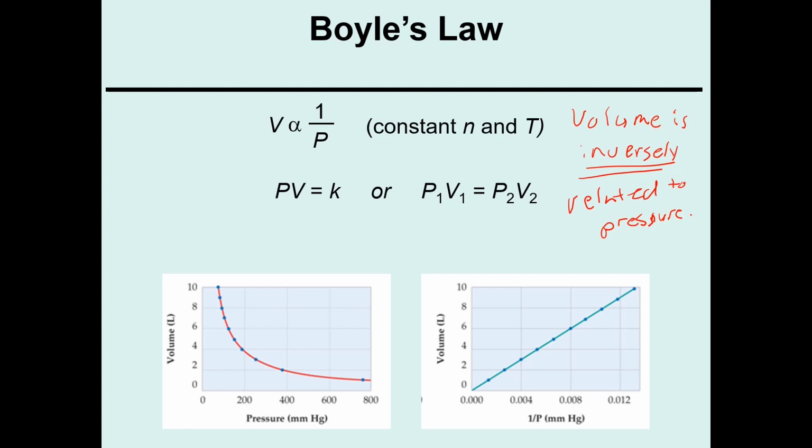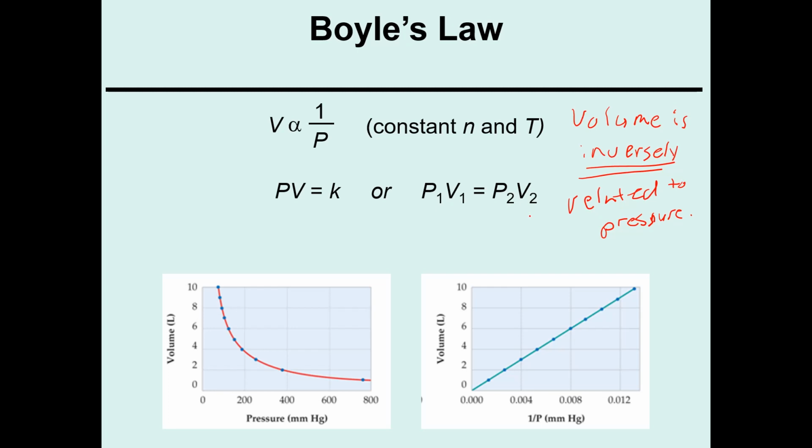If pressure goes up, that means volume goes down. So we can write this as pressure times volume is equal to a constant, or the form that's more useful to us is P1V1, which is our original pressure times our original volume, is equal to P2V2, so our new pressure times our new volume.